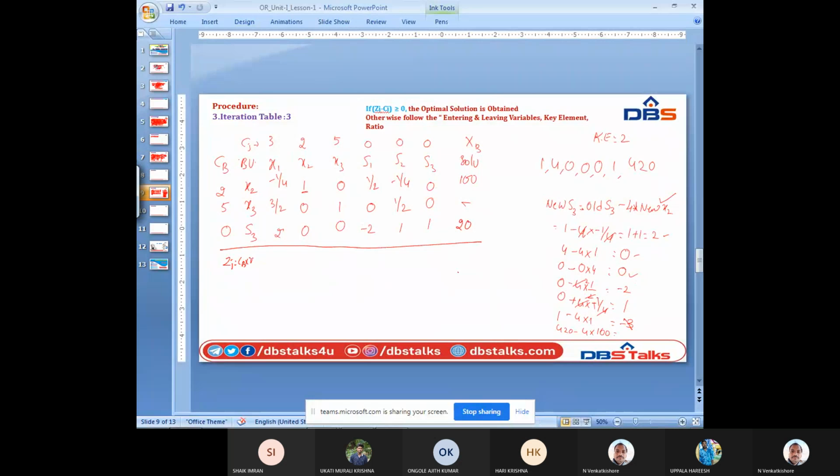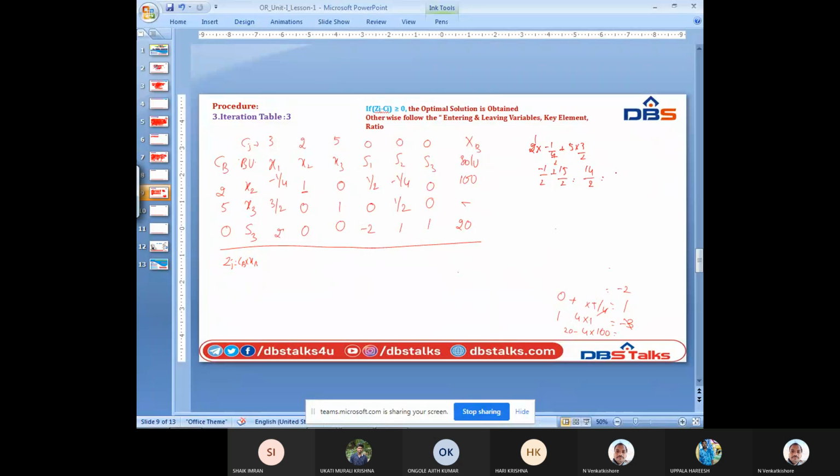Zj equals Cb into X. Actually, find out the values of multiplication. 2 into minus 1 by 4 plus 5 into 3 by 2, 1 0 2 2 0, minus 1 by 2 plus 15 by 2.